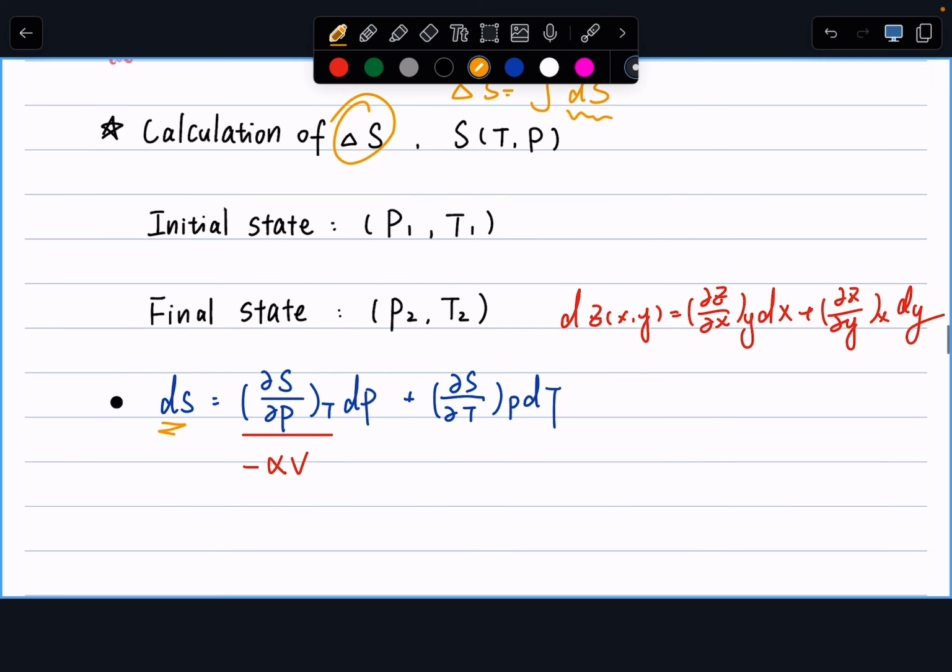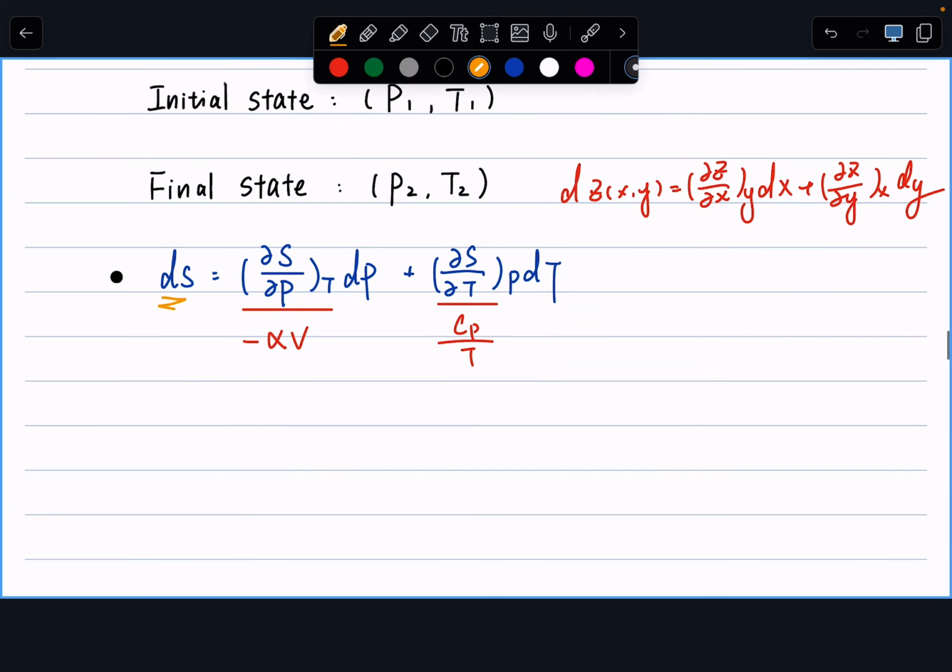Getting back to our total differential, the partial derivative of S over P at constant T equals negative alpha V. The partial derivative of S over T at constant P equals Cp over T. These are all the equations we went over last lecture. And then, to get delta S, what are we doing?